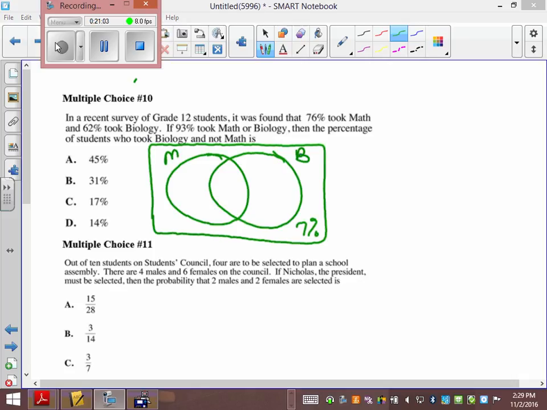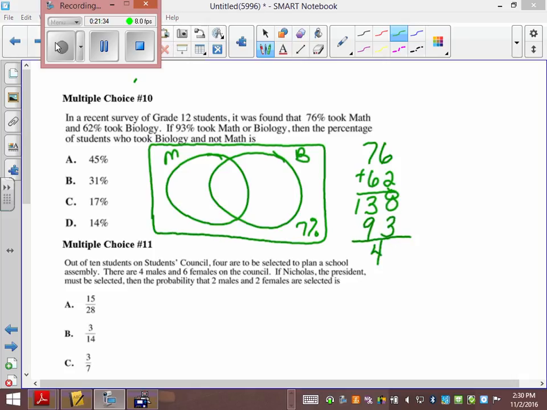Now, I need to find the overlap. So there's 93% in "or," but I have 76 and 62. 76 plus 62 is 138. So there's 138 for that whole circle, the two circles. But what do they tell me there's only left? 93.